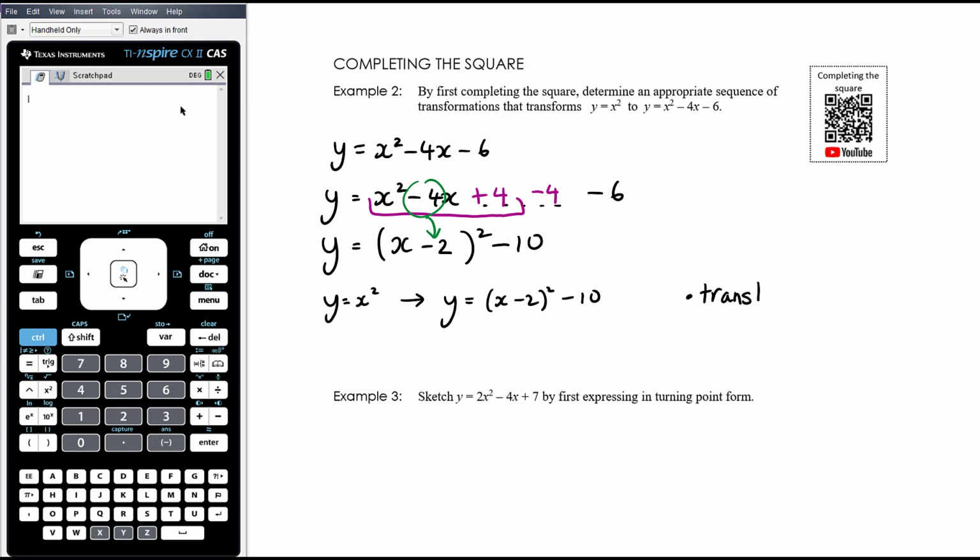You can't talk about stretching or mirroring or flipping or moving or shifting. So list the sequence of transformations: it is translation right by 2 units and also translation down by 10 units. So it's just the two transformations. No dilation or reflection, that would be sitting at the front here.